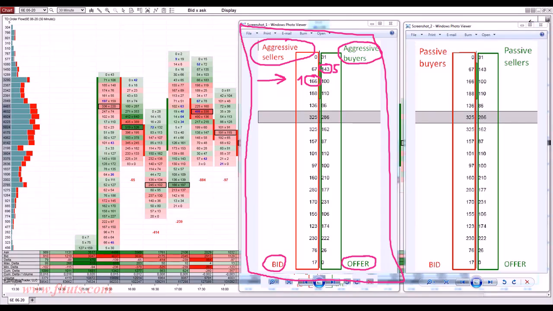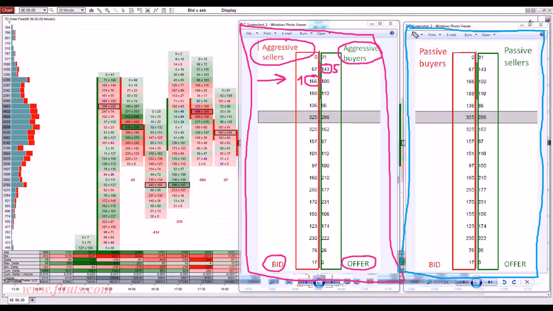Now, let's have a look at the second screenshot, this one. And this is where it all gets tricky and a little bit more complicated. So if you enter a trade with a limit order, you basically wait for the price to come to your trading level. You have a pending limit order there, and when the price hits this level, you get filled. You get into the position.